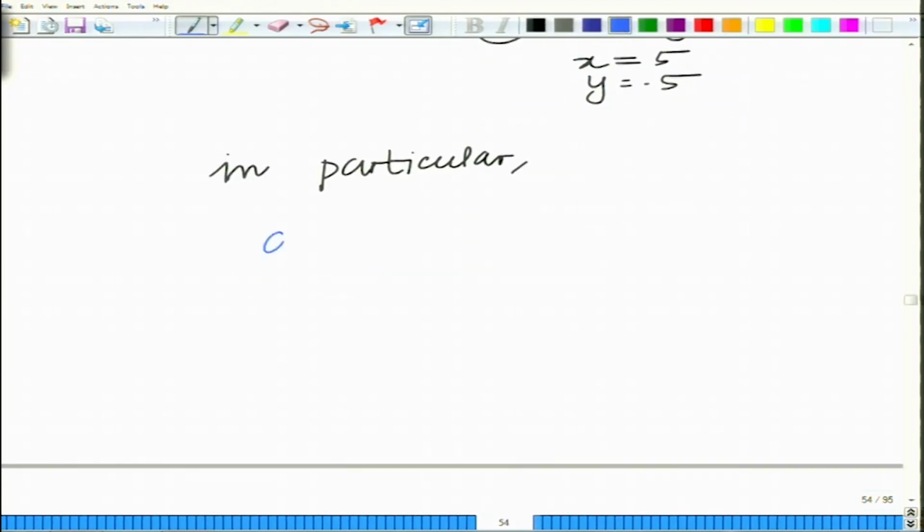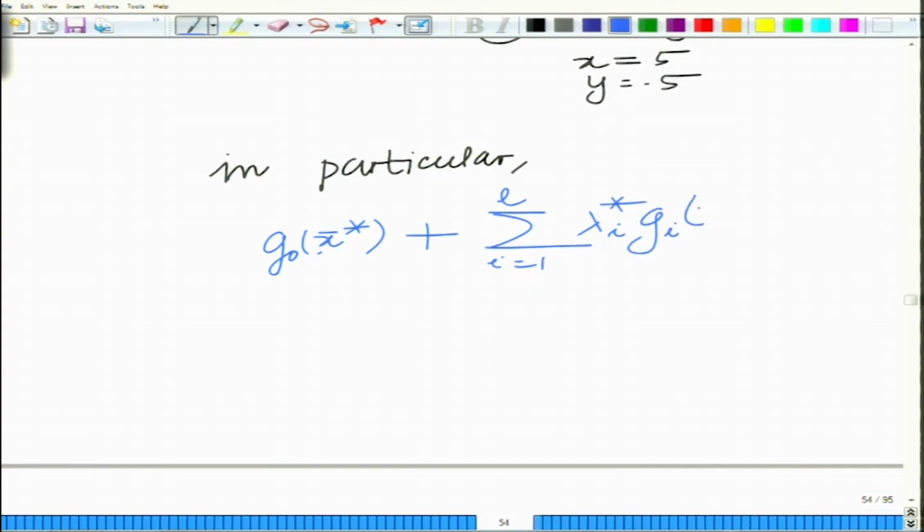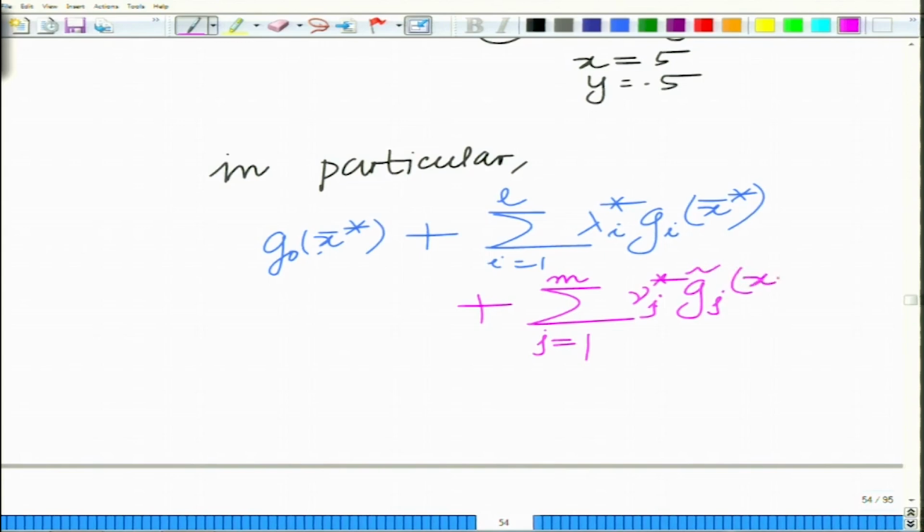we must have summation i equals 1 to l lambda i star g i x bar star plus summation j equals 1 to m nu j star g j tilde x bar star equal to g naught x bar star, which implies that now if you cancel these things, g naught x bar star, g naught x bar star, we know this is 0 anyway.